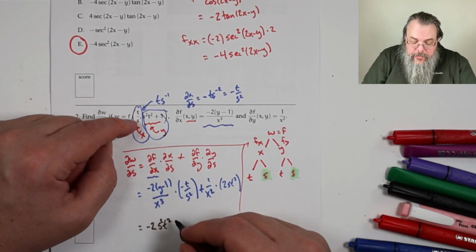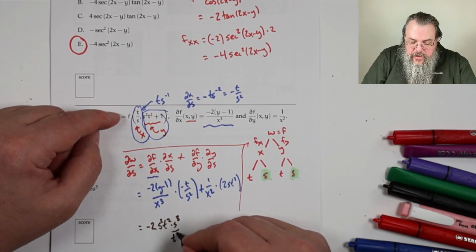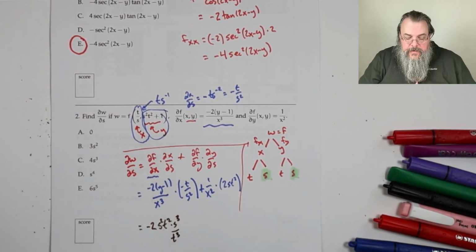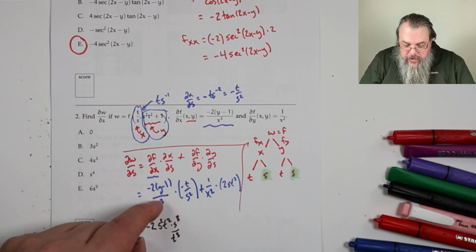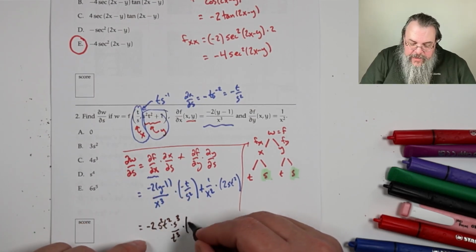So 1 over x cubed would be s cubed over t cubed. And then times, don't forget, that minus t over s squared.